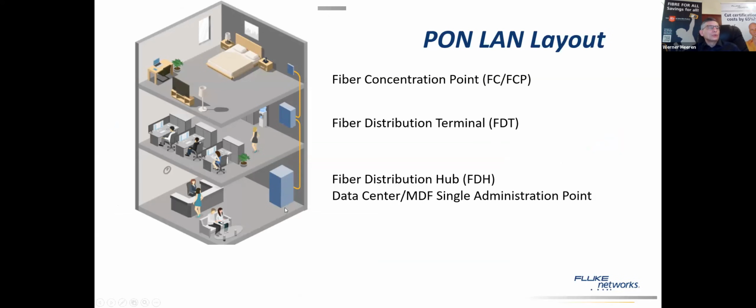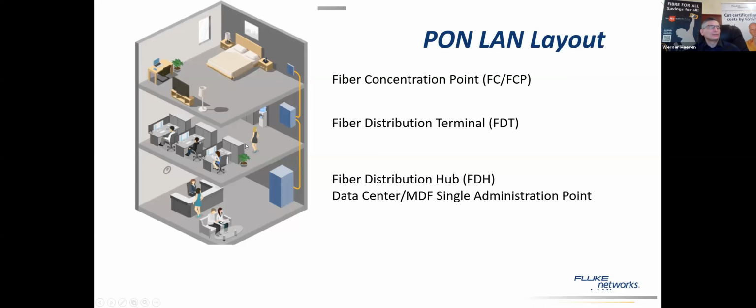So you come into the building, and within the building you have your fiber distribution hub. Again, some new abbreviations that maybe you are not familiar with. Could be a data center with MDF, and that can go to a fiber distribution terminal to the different floors. Strange building here, looks like a bedroom in a hotel, but here you have the working and office area.